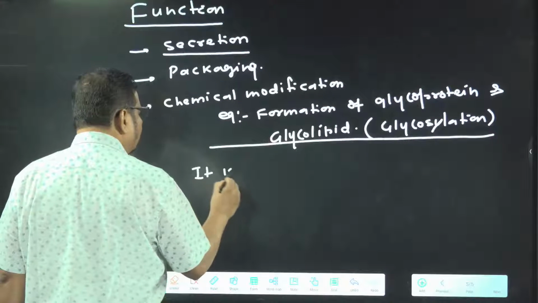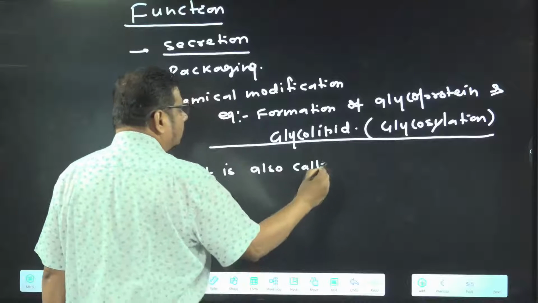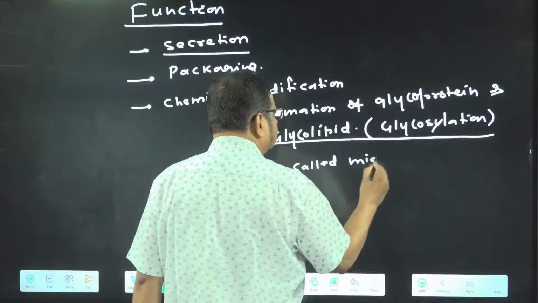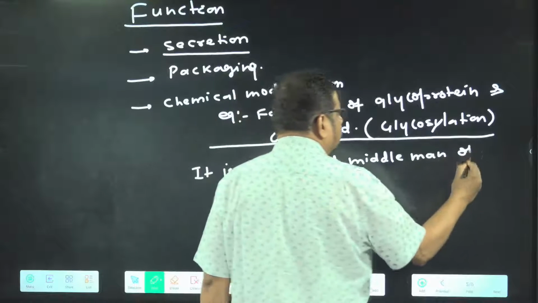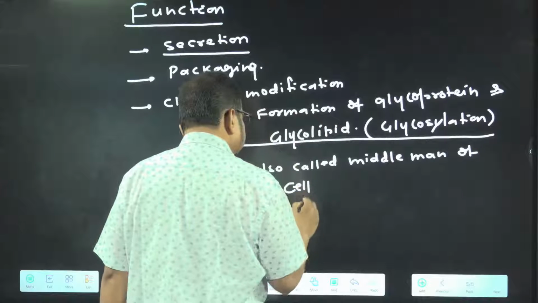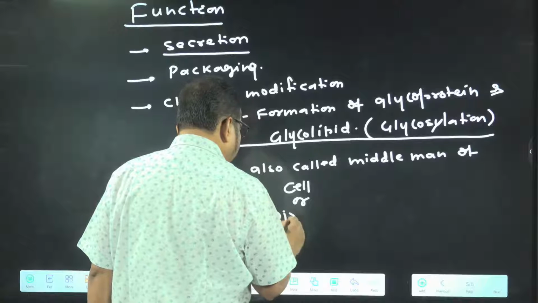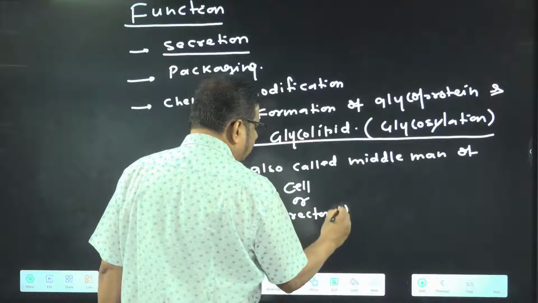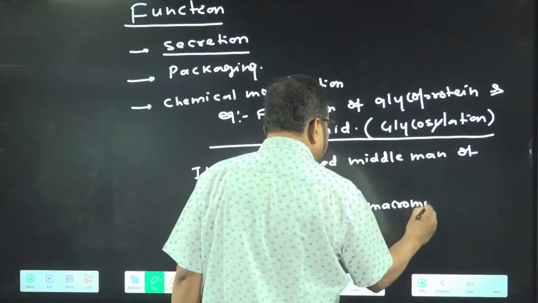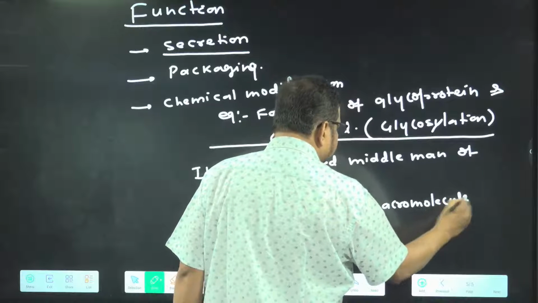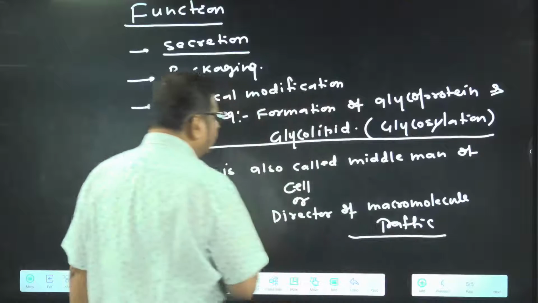Now, Golgi body is also called middleman of cell. Or it has another name also, director of macromolecule traffic. This is another name of the Golgi body.